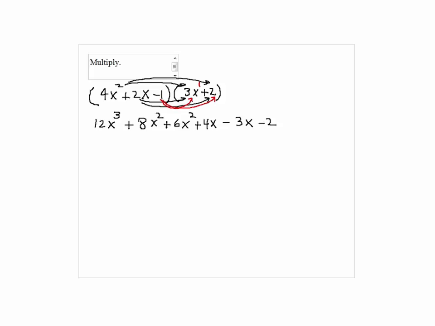And finally we multiply negative 1 by each term in the second parentheses. We get minus 3x minus 2. We combine like terms.